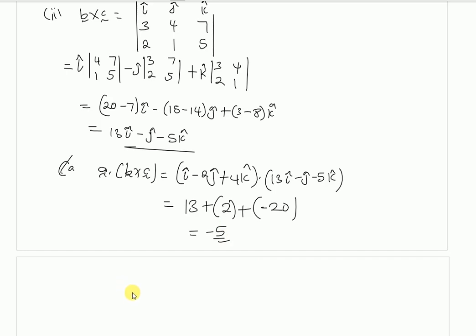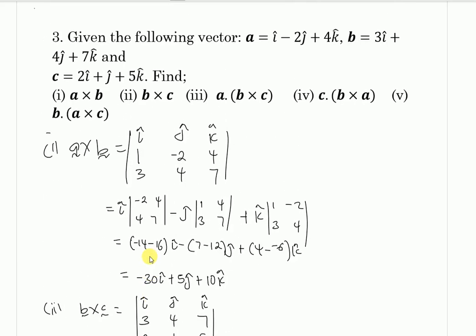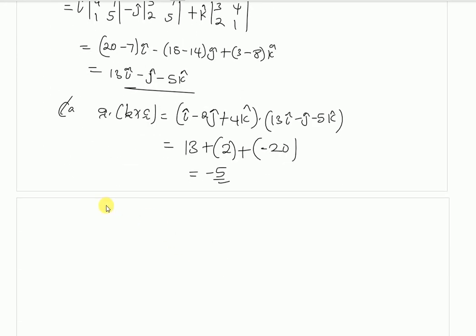The other one is asking for C dotted with B cross A. And now B cross A, first of all we shall make use of this: B crossed with A, I get the negative of A cross B. So it is A cross B, we already have it.